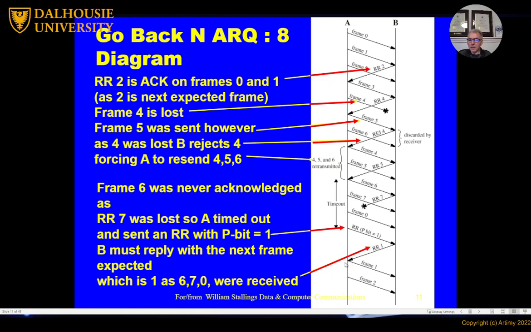A in that case will continue sending the remaining frames. So you'll see here the sequence of events in the situation where a frame is lost or where the acknowledgement itself is lost.